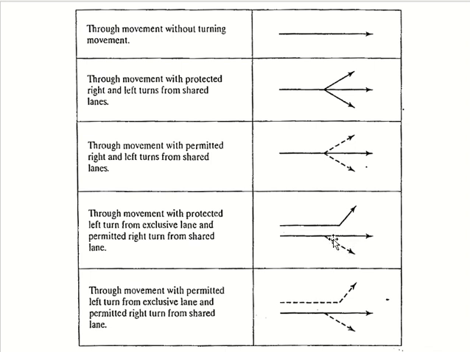But in a permitted movement like this one, the movement will happen on chance. A driver will come, stay here and take the turn when the chance is there, when the other side is clear, and it has nothing to do with the signal. So permitted is on chance and protected is by signal.